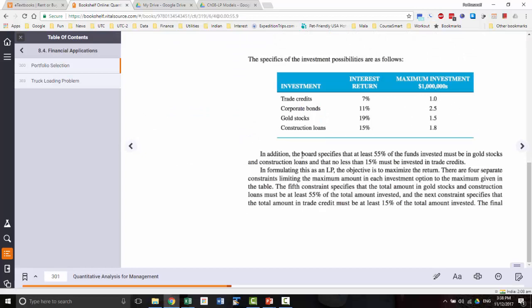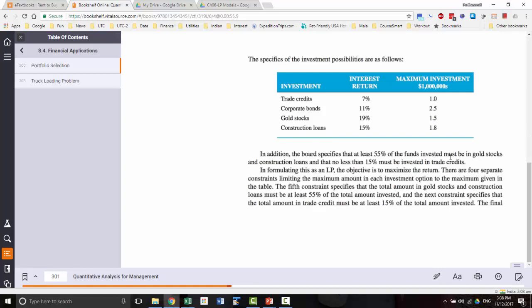In addition, the board specifies that at least 55% of the funds must be invested in gold stocks and construction. So gold and construction put together must form at least 55%. We looked at a percentage-based requirement earlier, and remember, we cannot compute the percentage itself, because computing the percentage will result in non-linearity.